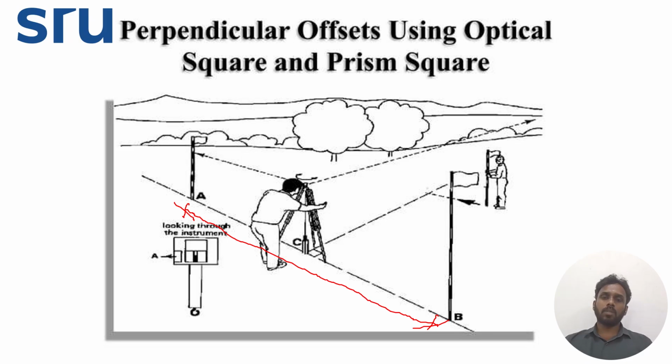You have to ask him to come to this particular exact line of sight, right? So the surveyor is regulating the person who is holding the ranging rod, asking him to come exactly in correlation with your line of sight. So this kind of marking is called offset using optical square or prism square, right?